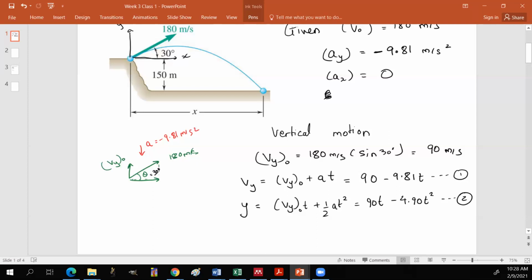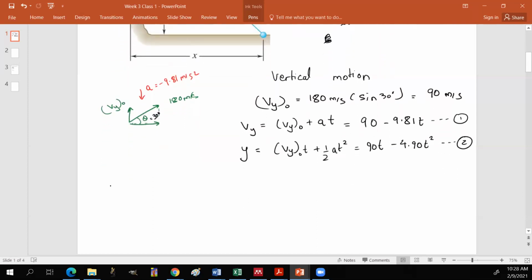Okay, and then for your horizontal motion, we know that Vx naught is just going to equal 180 meters per second times cosine of 30 degrees. Can someone tell me what that is equal to?